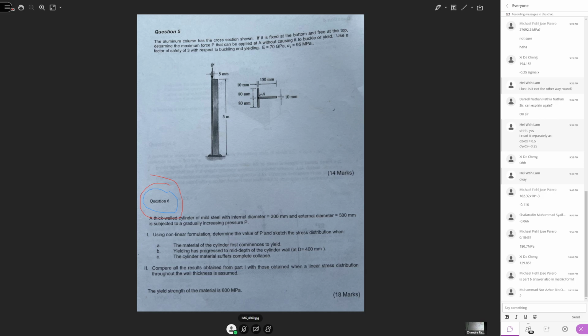We have done a similar question. You can attempt it and check if your working is correct or not. If you want to know the final answer, I'll be able to provide it for question 5 and question 6. Question 6 is similar to one we have done for your assignment, and similar to question 5, which we did in the last session under column buckling.